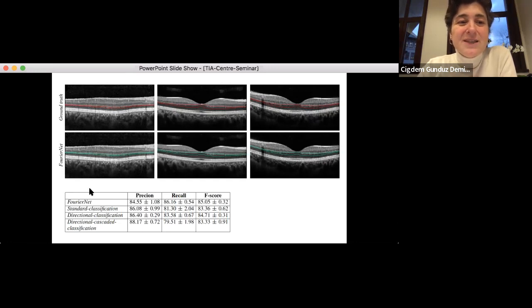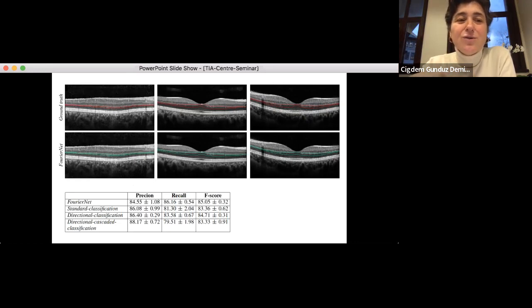if you are using the standard OCTs, so that's the standard procedure when you're getting your retinal image, it is very hard for the ophthalmologist to annotate this layer. And in order to do that, they need to use directional OCTs. So it is another imaging technique.